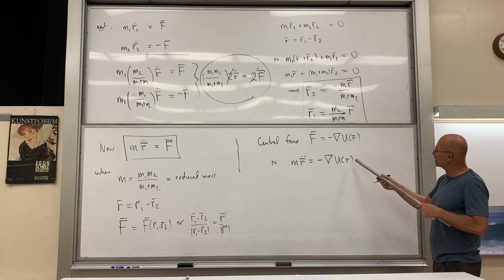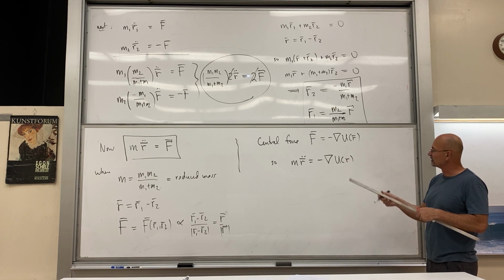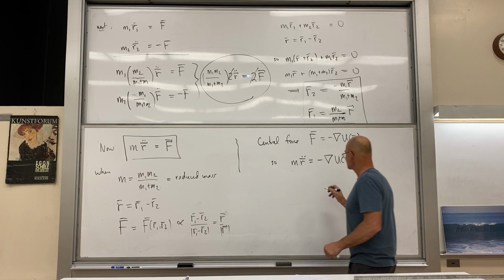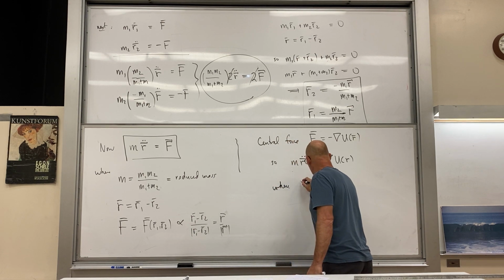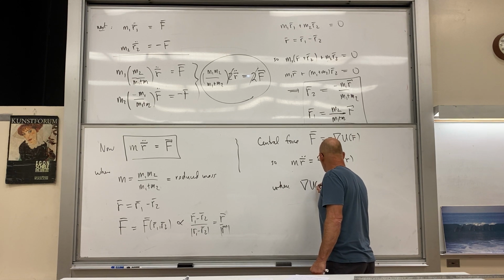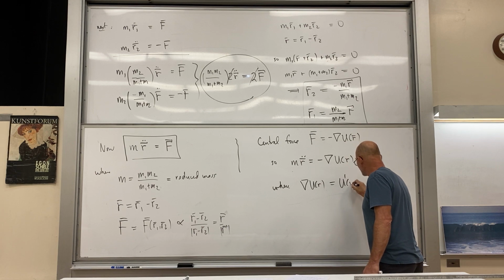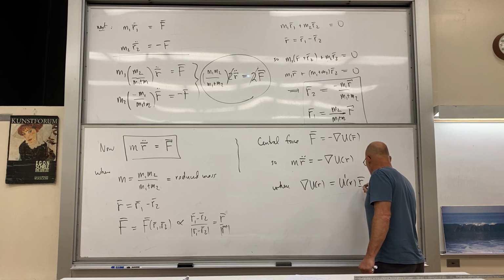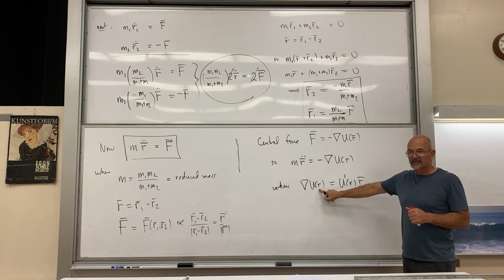The potential is now a function of the magnitude for a central force, where gradient u of r is equal to u prime of r times the unit vector r over r. This is just a fact of calculus.